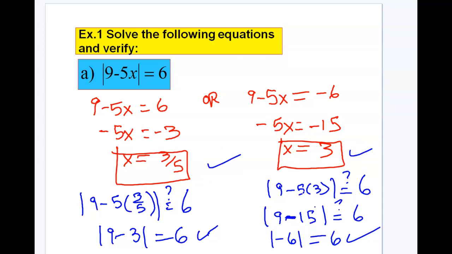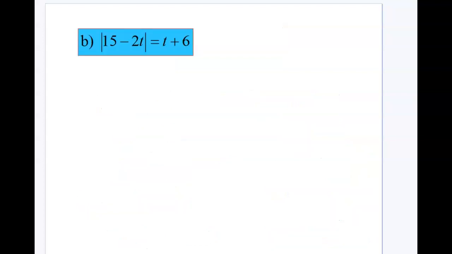Now, some books will show you to use the positive 6 and negative 6, and others will use plus or minus the absolute value. It really doesn't matter. You'll get the same solution either way. So in this particular case, we'll do it the second way I talked about.